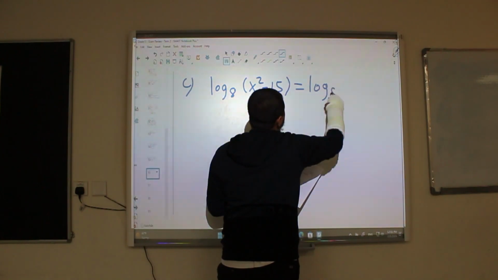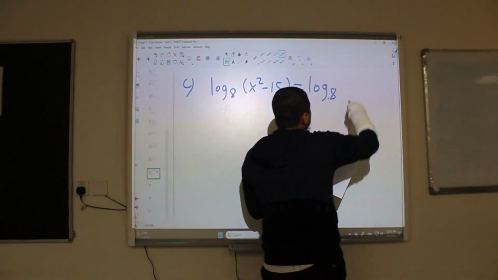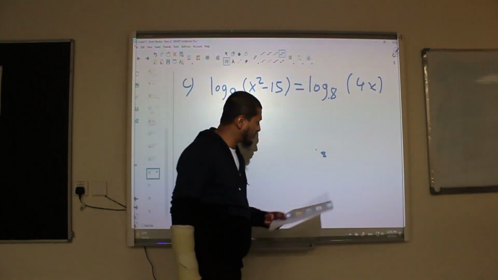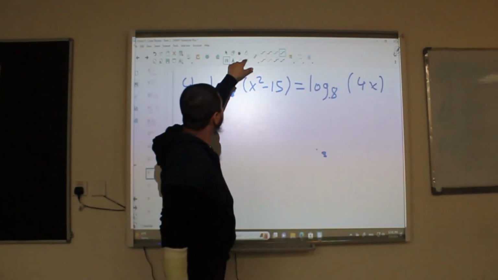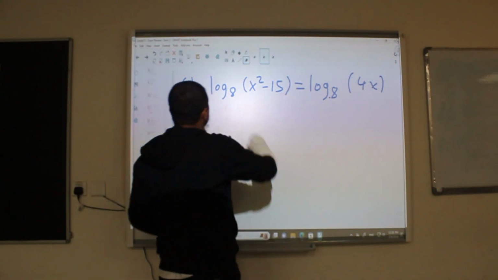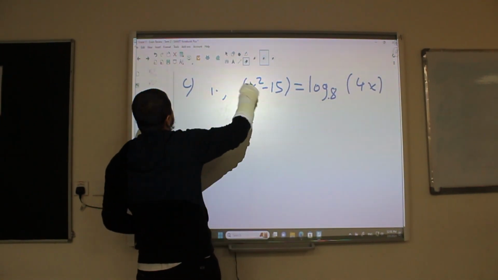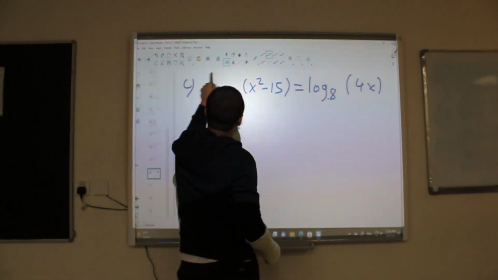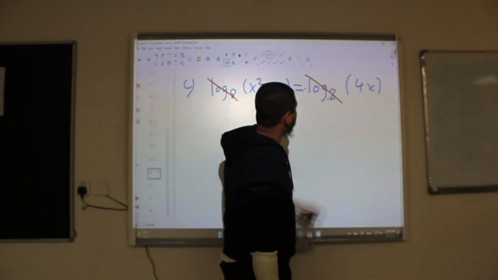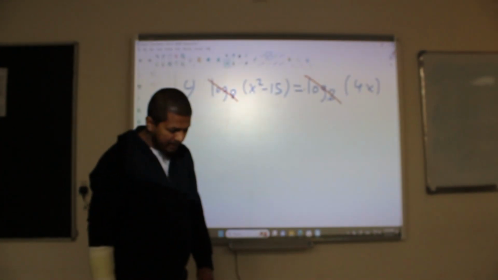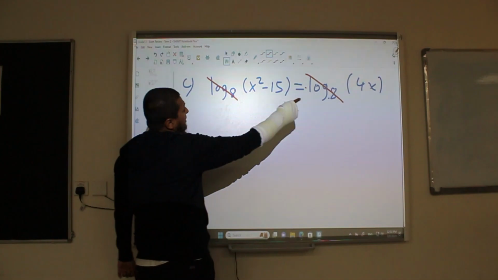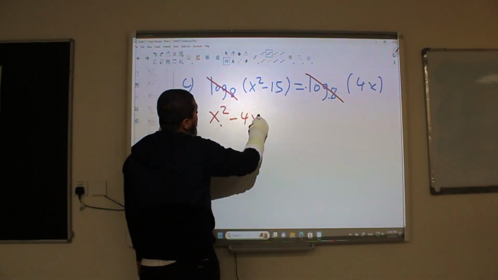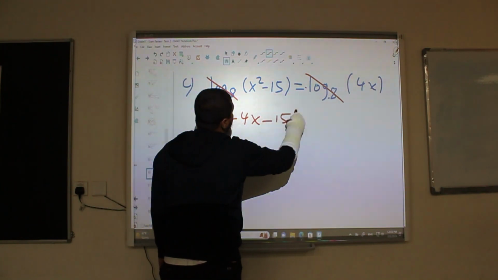Again we have log base 8 on both sides, so we can drop the same bases. Now we have a simple equation to solve where we bring the 4x over, so we get x squared minus 4x minus 15 is equal to 0.